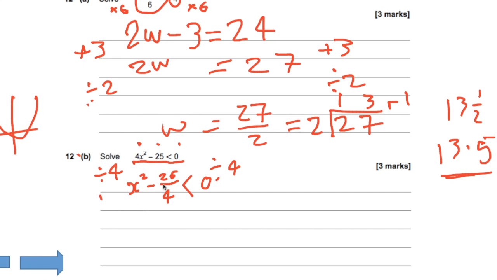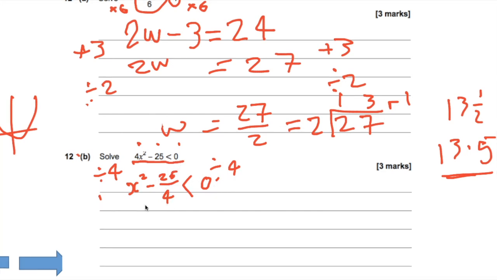So we might try to factorize, or it might be even easier to move our 25 over 4 to the other side. Because then if we square rooted both numbers, since 25 and 4 are both square numbers, we'd be left with our answers.